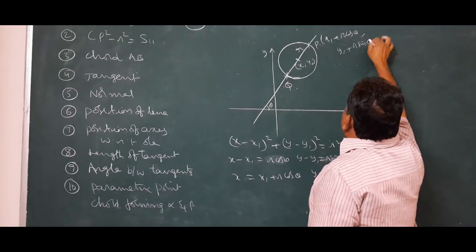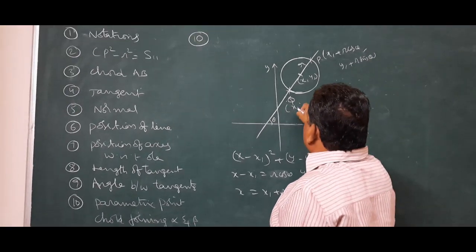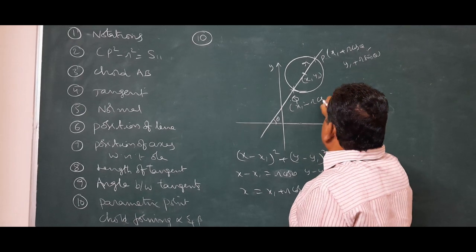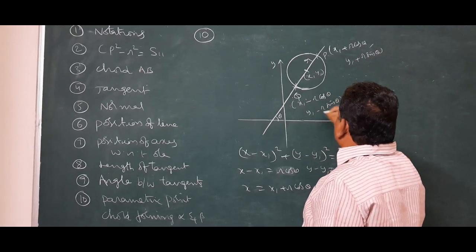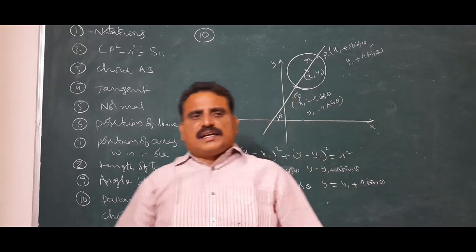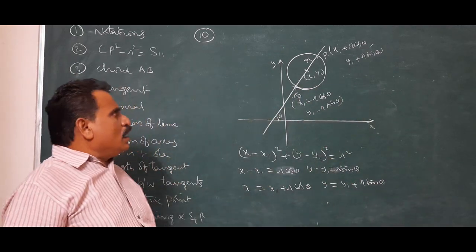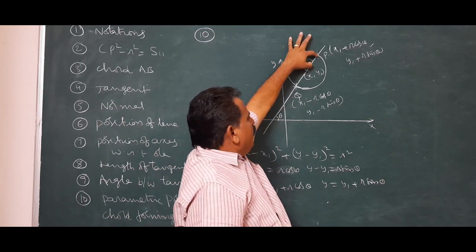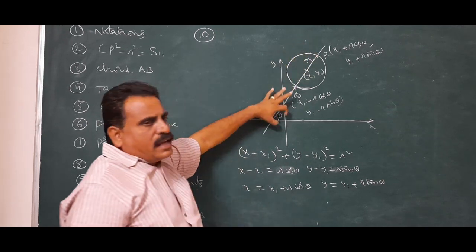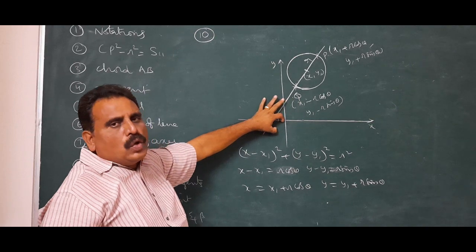The other point Q you can take as x1 minus r cos theta, y1 minus r sin theta. So you can find two points at a distance r units from the center (x1, y1), on the line making angle theta with the x-axis, whose slope is tan theta.